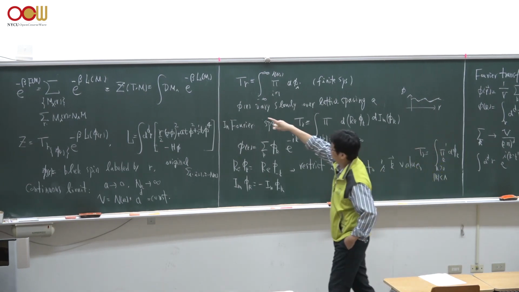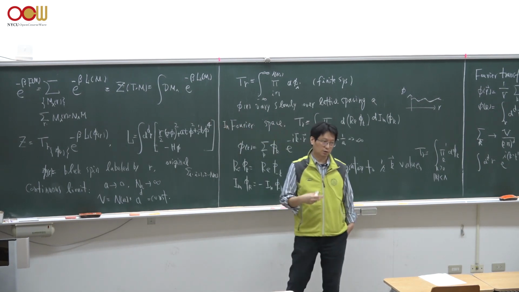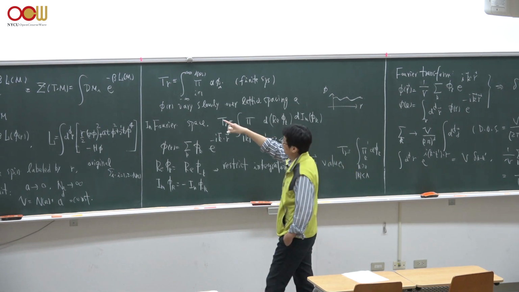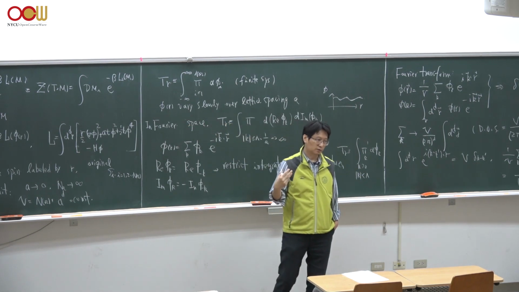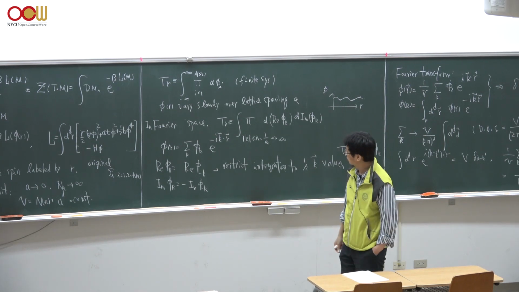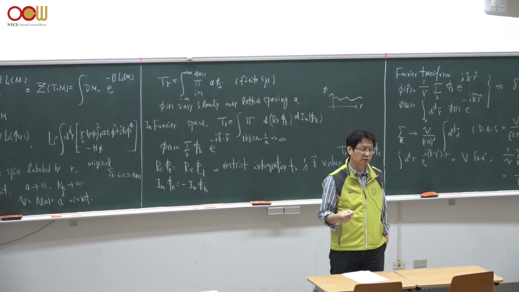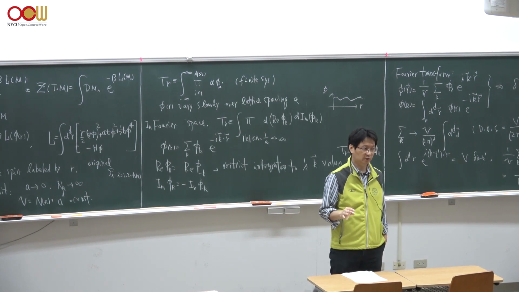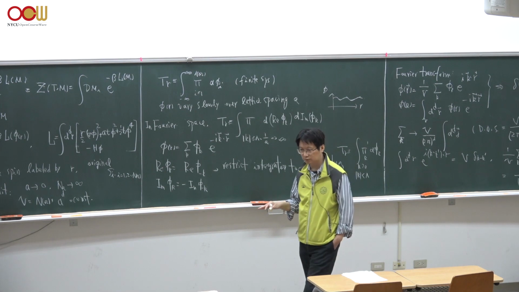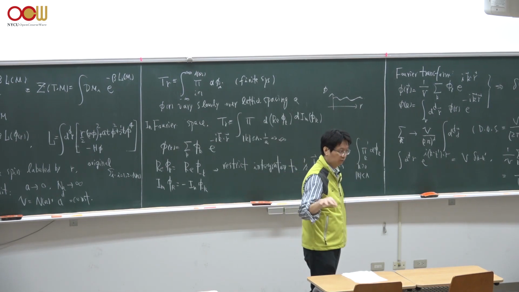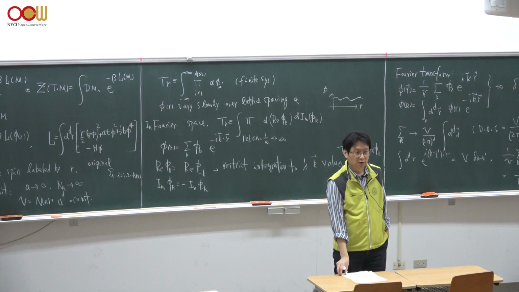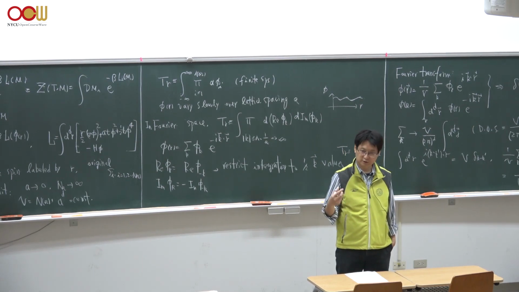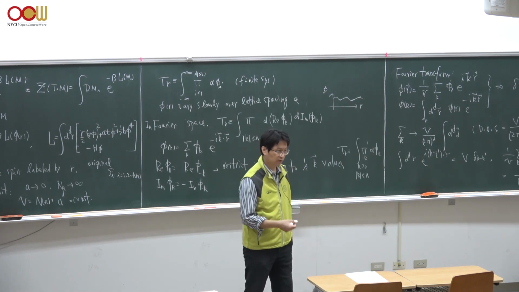Then we can represent the partition function in terms of the block spin integration, and the integrand is nothing but e to the minus beta times Landau's free energy density. In other words, Landau's free energy is an intermediate free energy profile as a function of local order parameters in terms of real space variables, whereas the Gibbs free energy is a fully traced quantity that comes from the partition function itself.